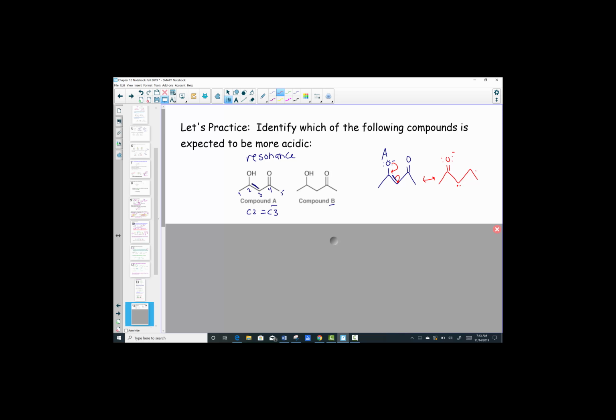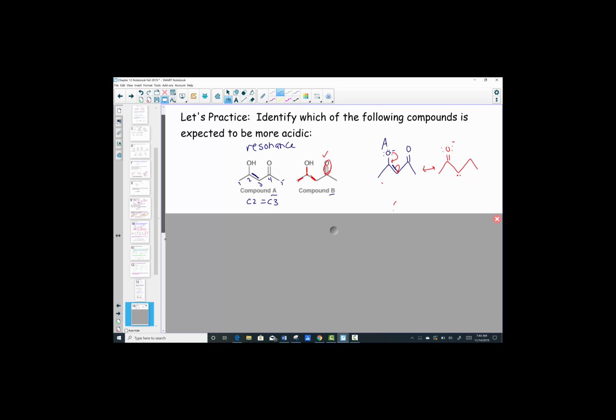We're just recognizing that as soon as we have a pi bond next to the negative alkoxide oxygen, we have resonance stability. This particular bond is not near a pi bond, even though there's one in the molecule. It's not right next door, so this is not resonance stabilized.